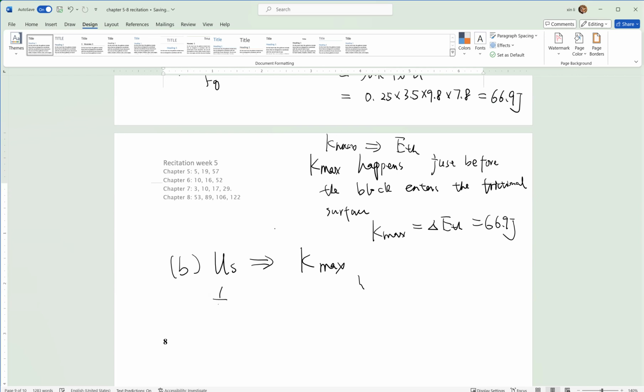So here, spring potential energy is 1/2 kx squared, and that equals 66.9 joules. Then you can get x equal to the square root of 2 times 66.9 divided by k.